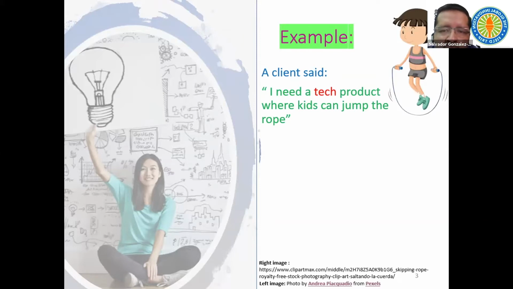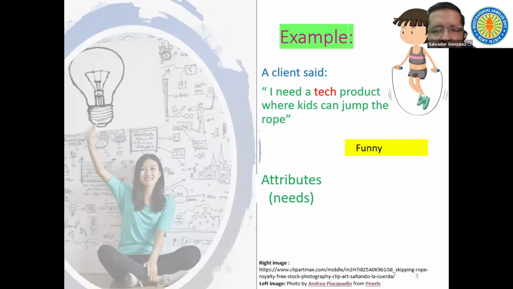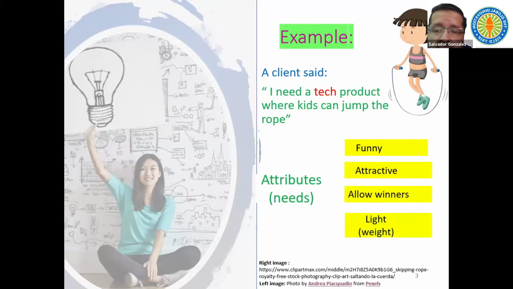She arrived with this need, and also a more detailed description of what the product must have: the product must be funny, attractive, it must allow winners, and it must be light in the sense of the weight of the product.